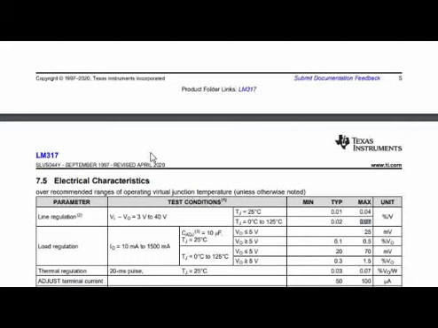But if your output tolerance cannot be high, then you have to look into this line regulation for sure and decide on the regulator that you are evaluating. Very important parameter, right?